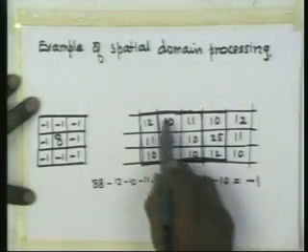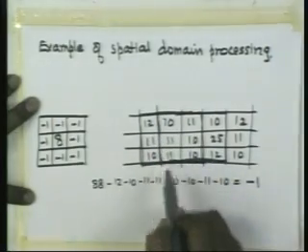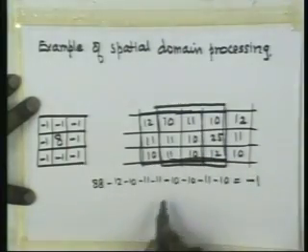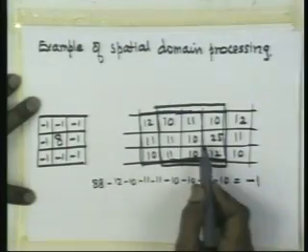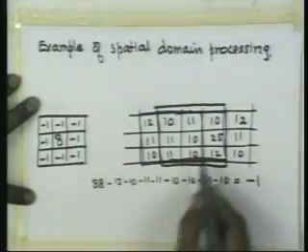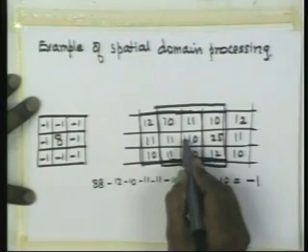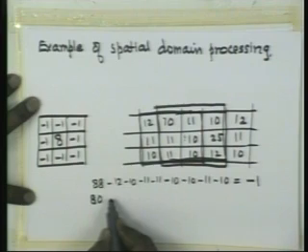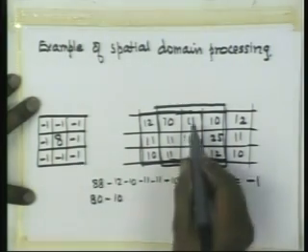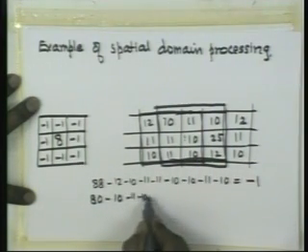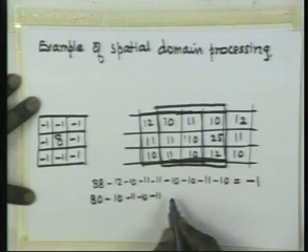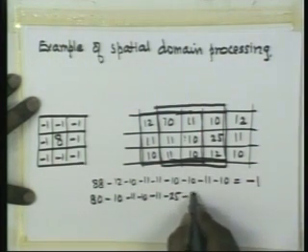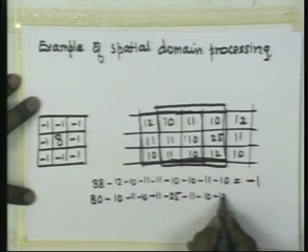Now you look at this area. Now I'm going to make it a little darker here. This is where I have placed the template, and I'm going to now apply the mask to this. So the next value for this particular cell I'm getting is 80 minus 10 minus 11 minus 10 minus 11 minus 25 minus 11 minus 10 minus 12.